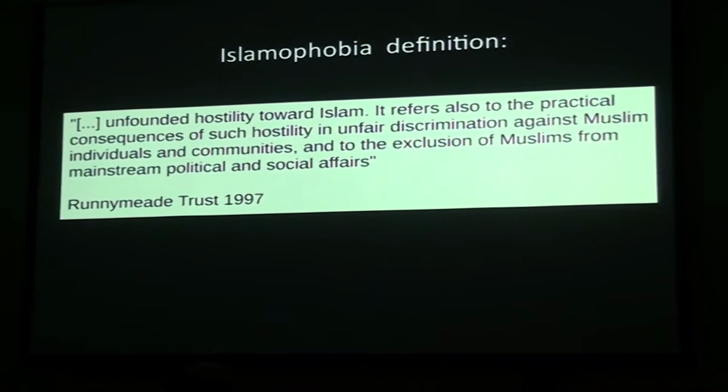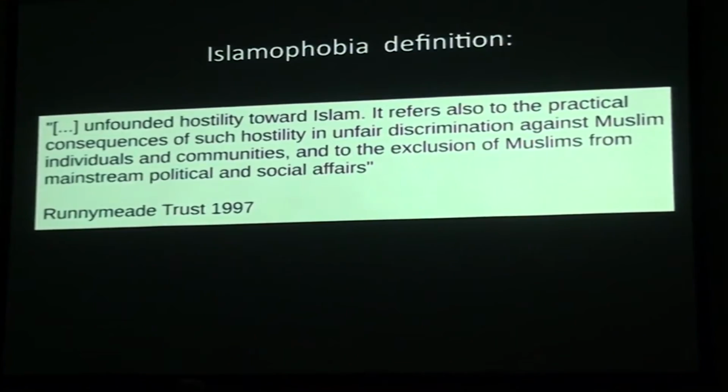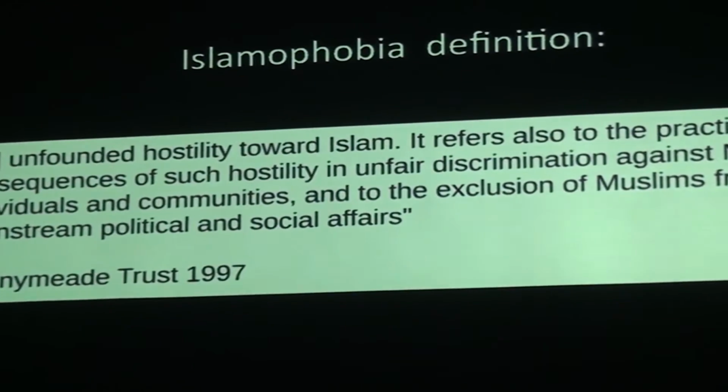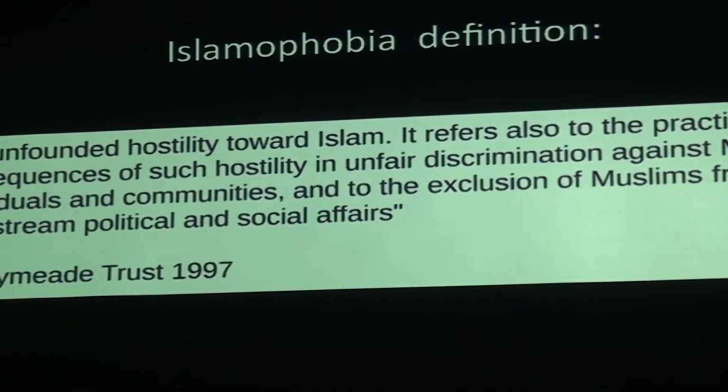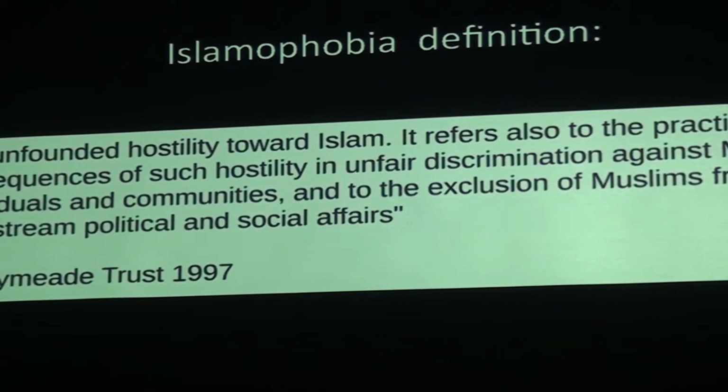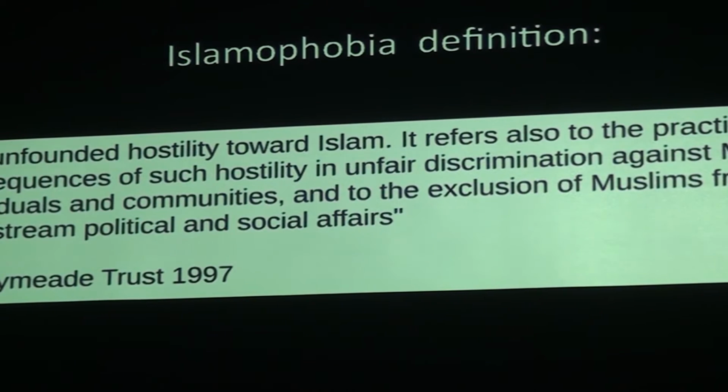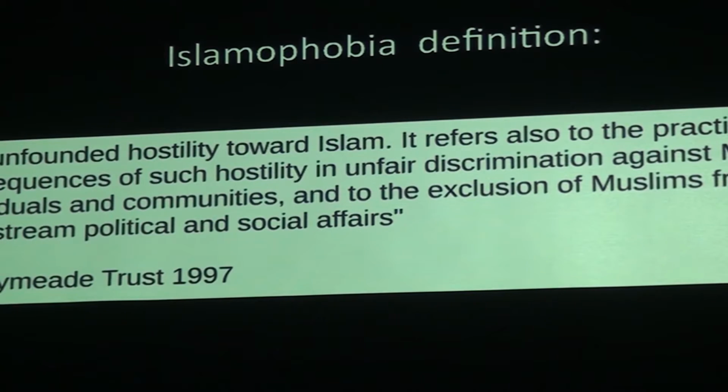So, which also leads into really brief definitions of Islamophobia and Orientalism, because that's some of what we're going to look at in the museums today. So, the Runnymede Trust, which is a think tank in the United Kingdom, first defined Islamophobia, and they were the first people to use the term in 1997. And they said Islamophobia is unfounded hostility towards Islam.